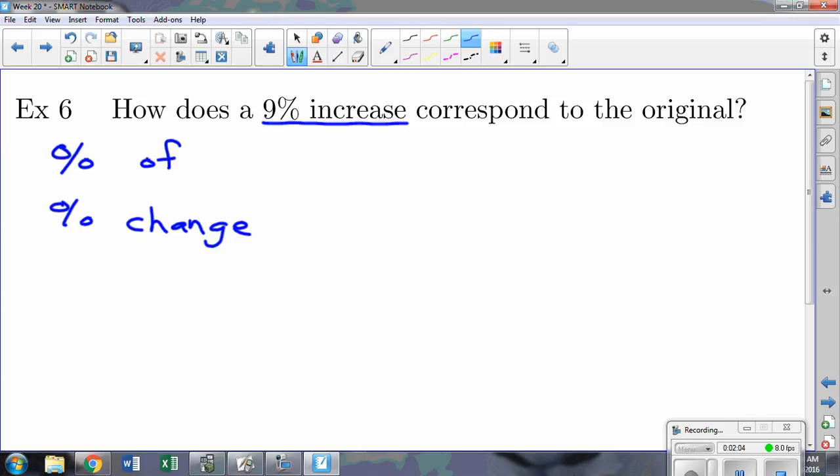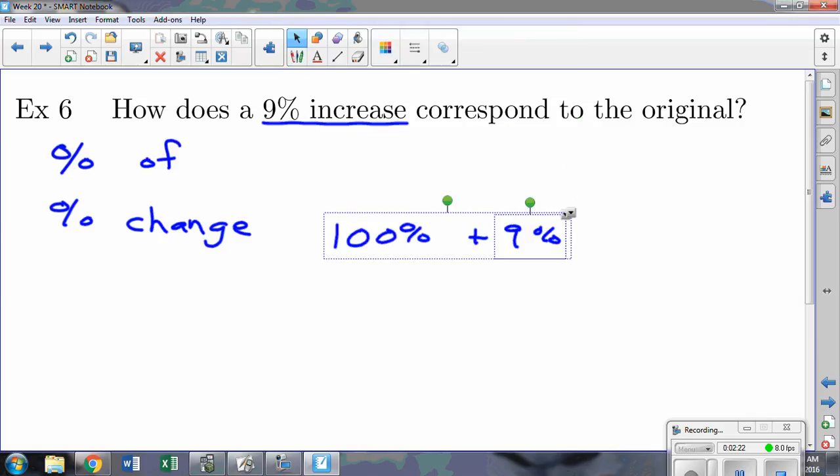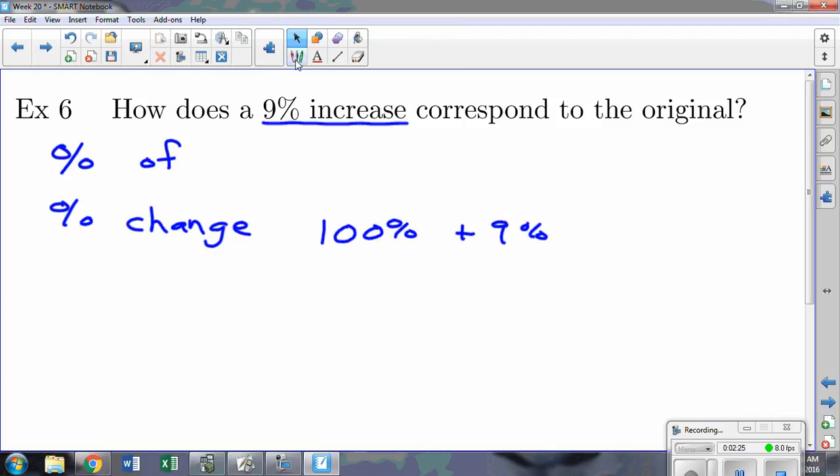A 9% increase, as Alex told us, is 9% more than the original. So we have the original amount plus 9%. And I'd actually like to grab that and bring it down here. When we put those two things together, that's 109%.